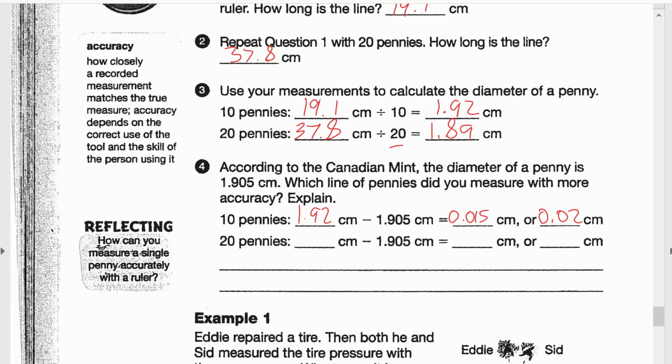For 20, we were at 1.89 minus the actual value, we get negative 0.006, or if we round up, negative 0.01.